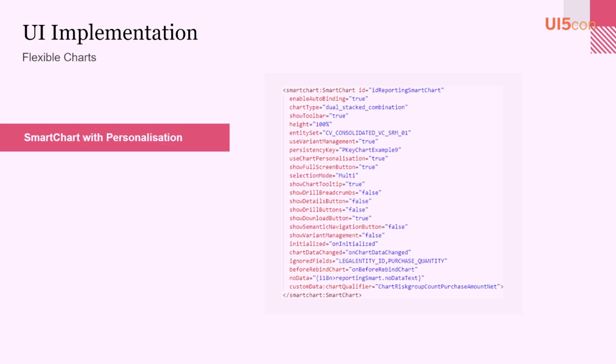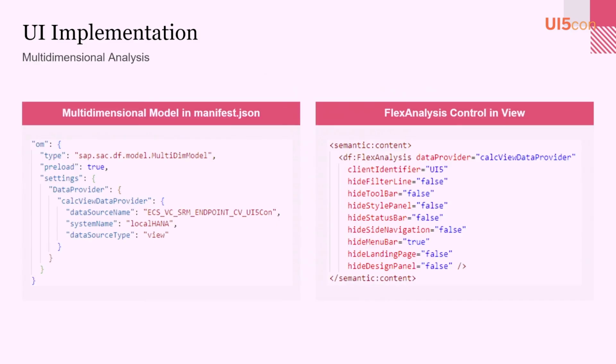And now maybe to the most important part, that's the multidimensional analysis. And in fact, that's all you have to do in the UI. You need to add a multidimensional model to your manifest JSON, just like the OData models in the same part. Here you see it's of the SAC, the F library, so the Dragonfly library.